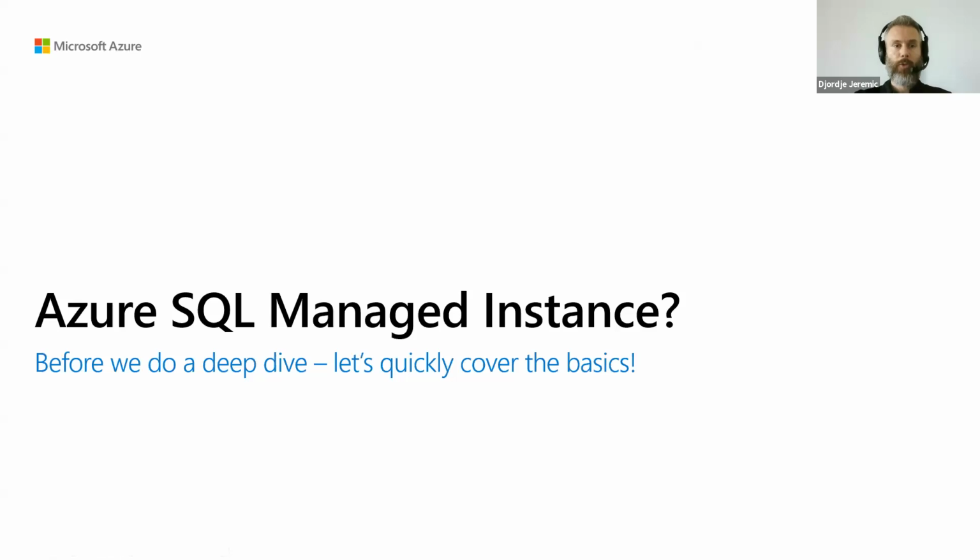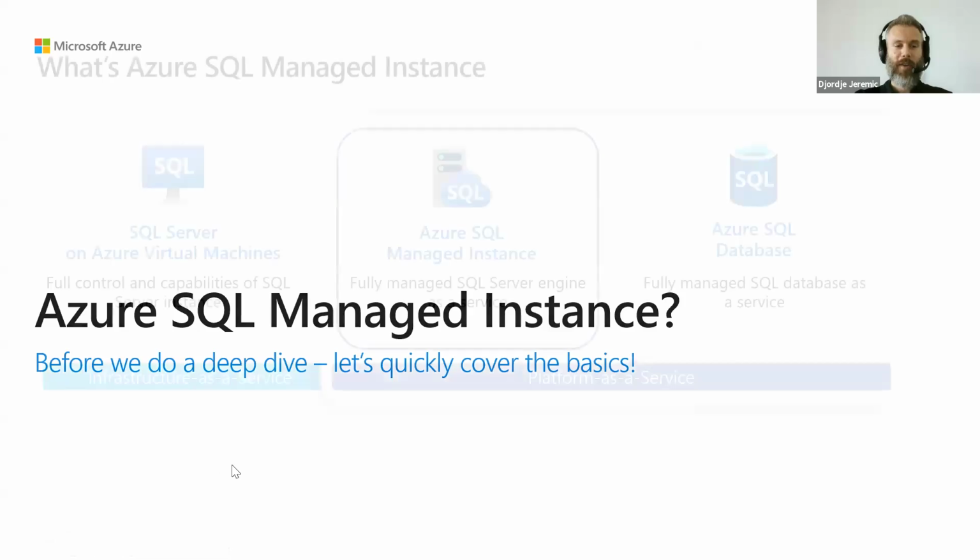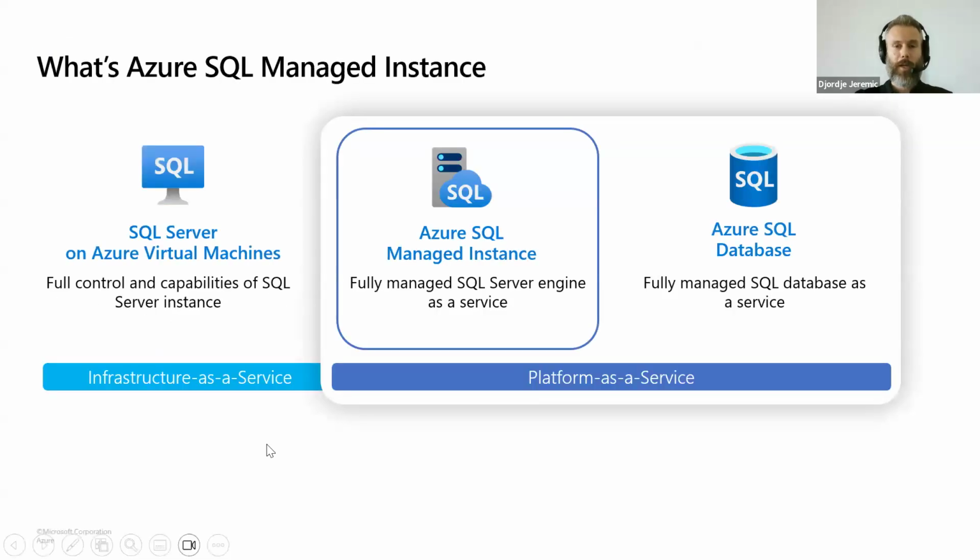Before starting with the link feature, in my experience, Azure SQL service offerings are a bit a point of confusion for some customers. So in my opinion, it's a good idea to provide a very brief reminder. Where are we in this map? Azure SQL has 3 service offerings in Azure Cloud. That's SQL Server on Azure VMs, and that's infrastructure as a service.